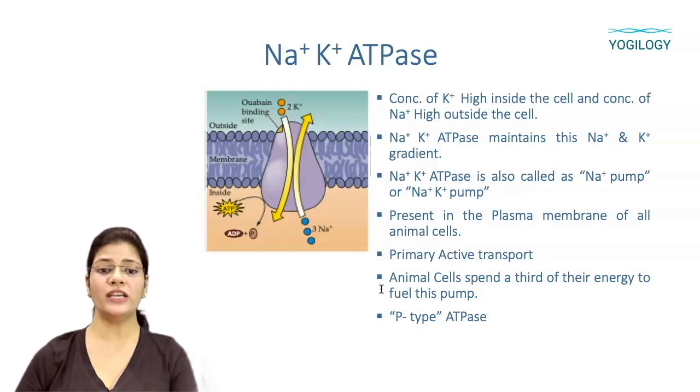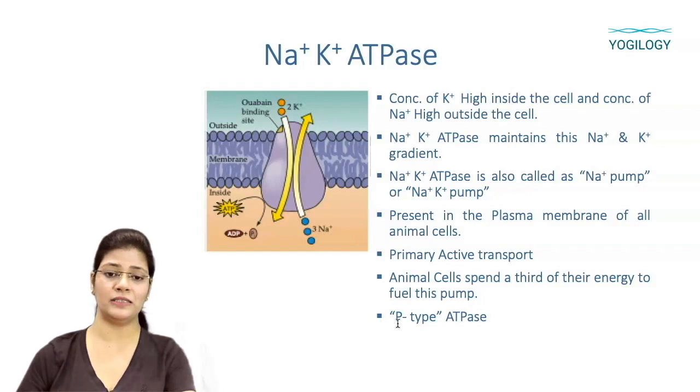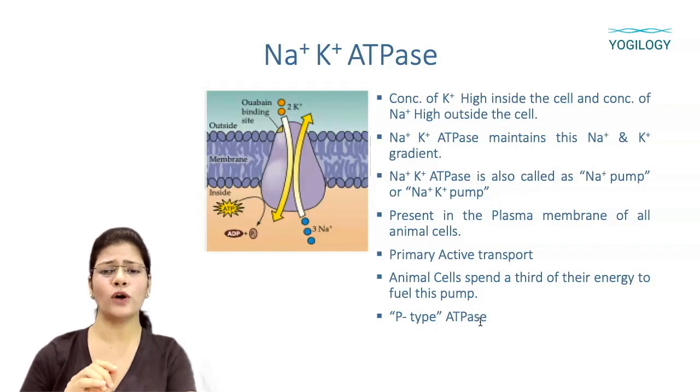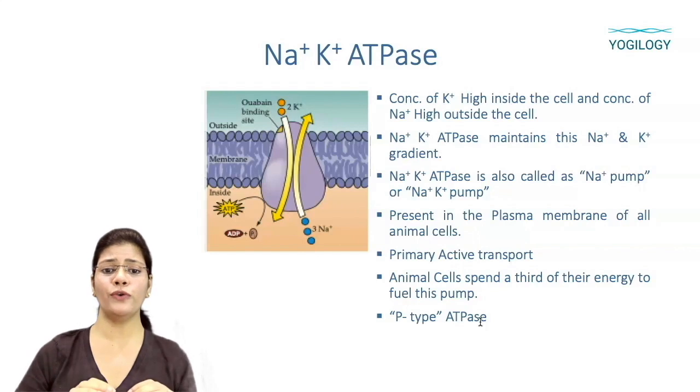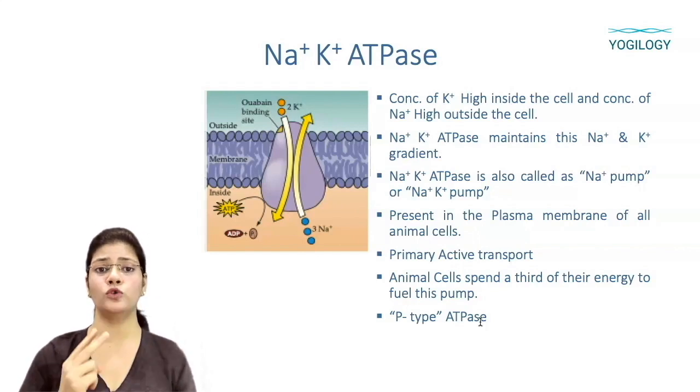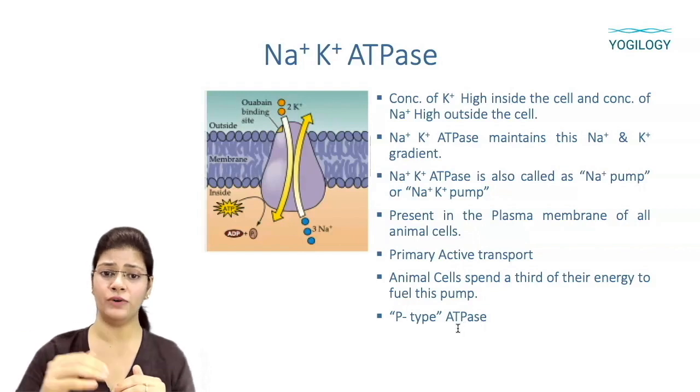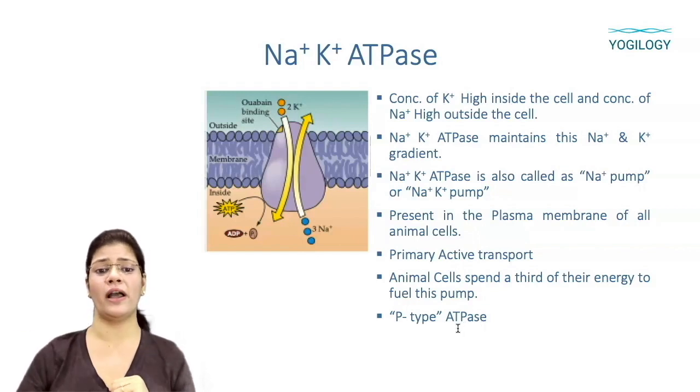Now, sodium potassium ATPase belongs to the superfamily of P-type ATPases because they form a key phosphorylated intermediate, which we will see shortly. Now, for each molecule of ATP converted to ADP and phosphate ion, the transporter moves 2 potassium ions inwards and 3 sodium ions outwards across the plasma membrane against their electrochemical gradient.